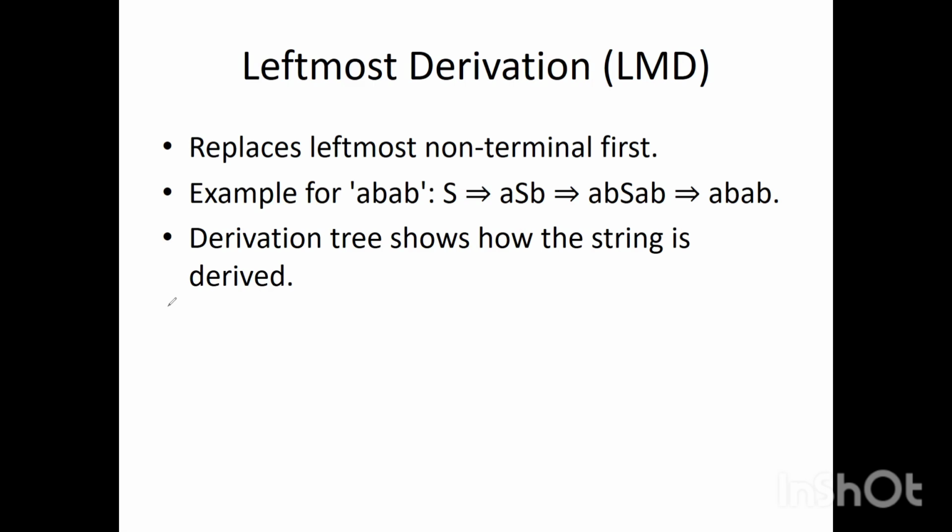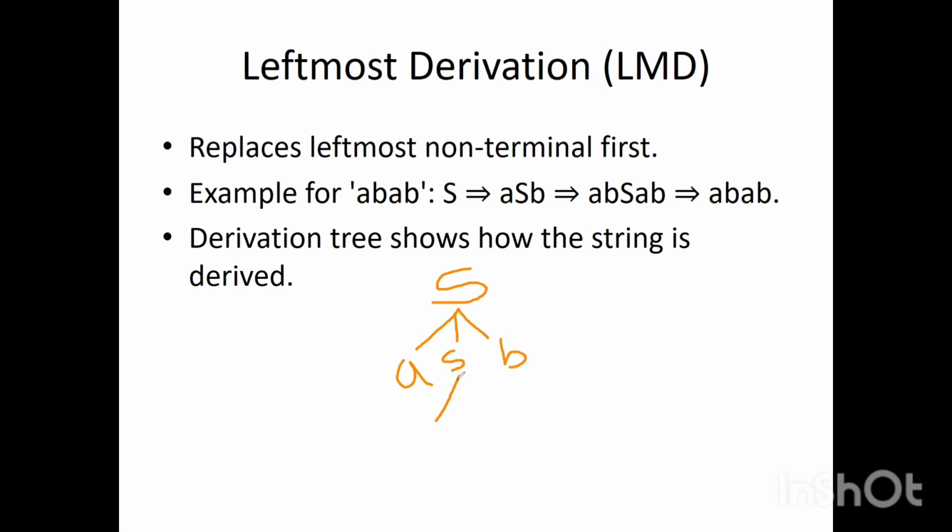Yes. Now I will show you the derivation tree. How to draw a derivation tree. Now here our starting symbol is S. Now there will be three branches A, S, and B. Now again this S we are replacing with BSA.